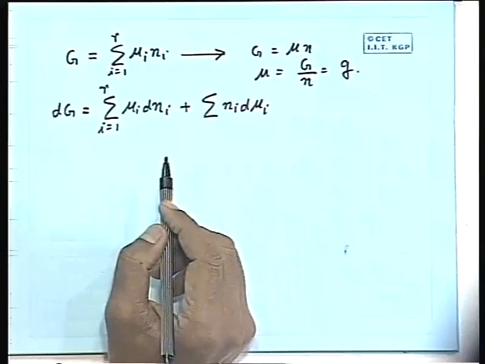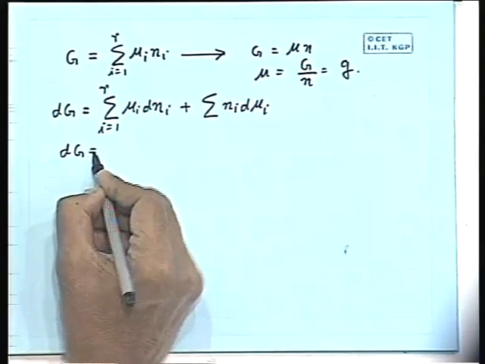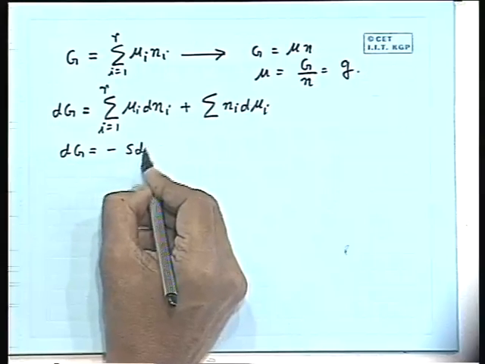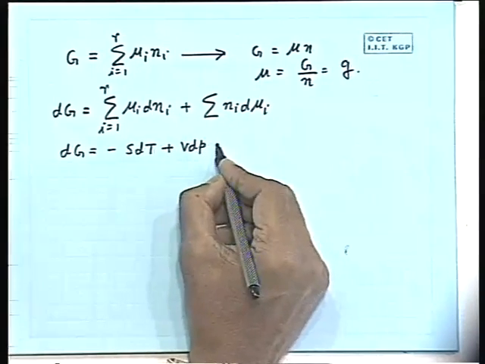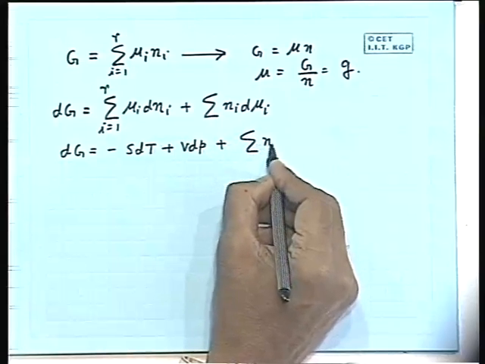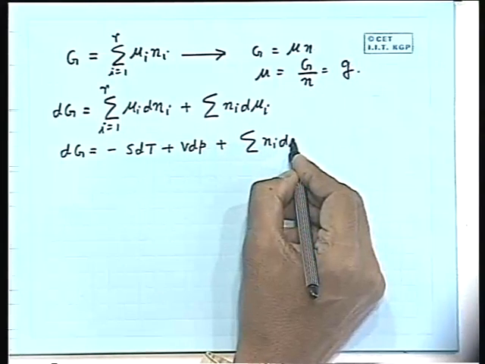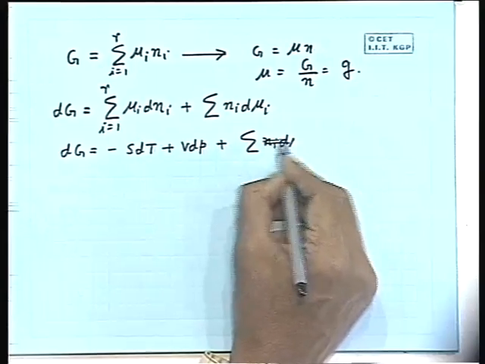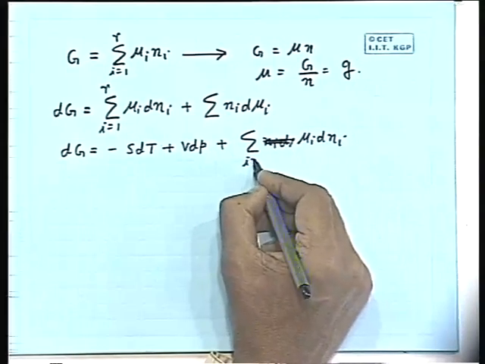Now earlier, if you recall, we had this relationship dG equal to minus S dT plus V dP, and then plus the summation of mu i dn i, i from 1 to r.